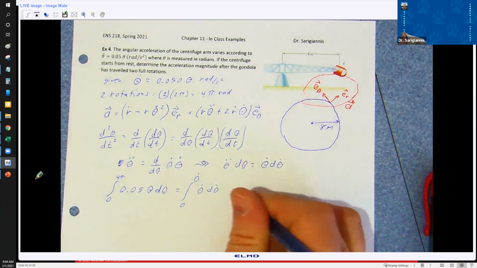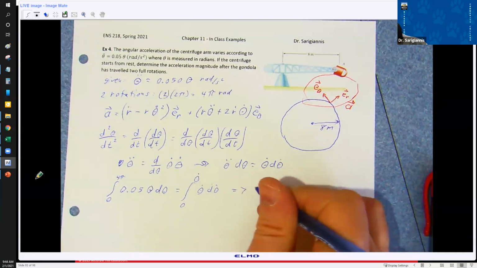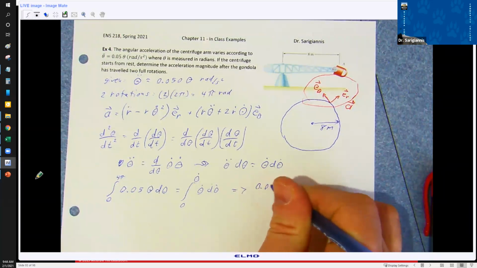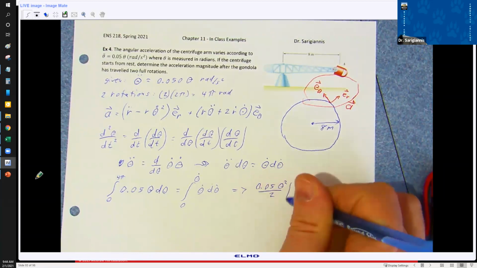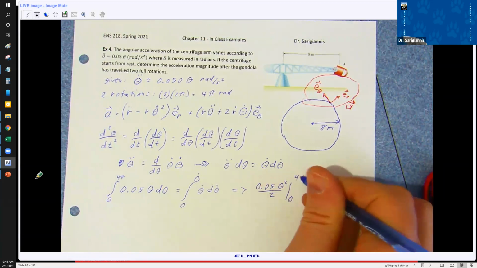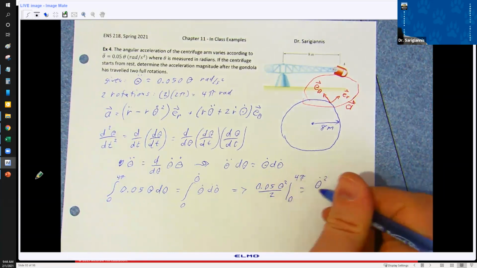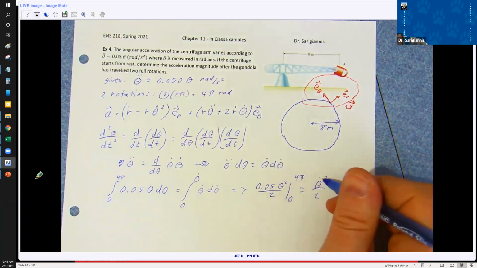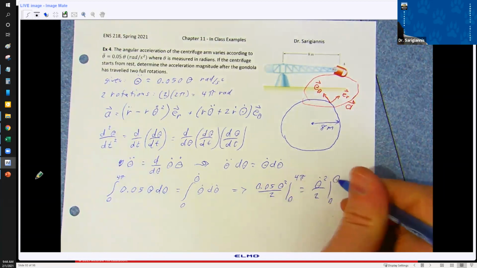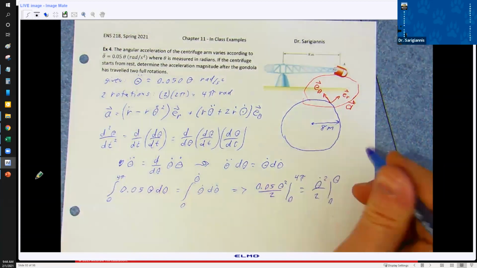If you take and solve this, you wind up with 0.05 theta squared over 2, evaluated from 0 to 4 pi, equals theta dot squared over 2, from 0 to theta dot.